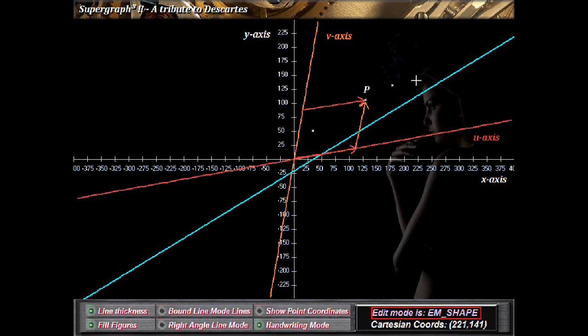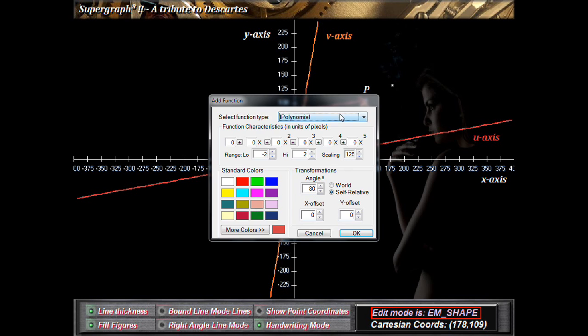Alright, I just want to draw one more thing. This here I just added to my drawing. I did 10 degrees there.